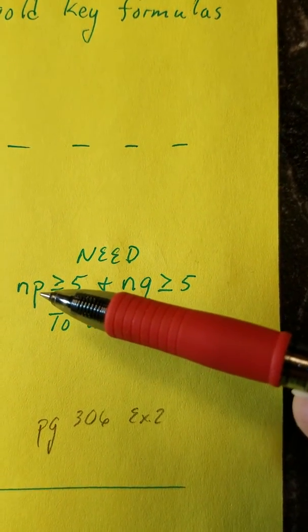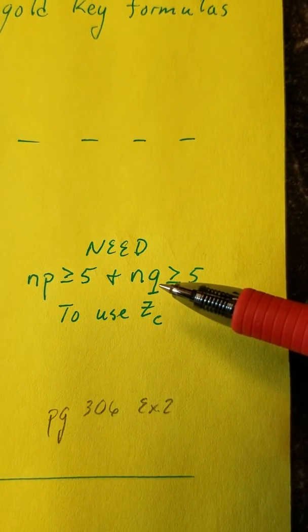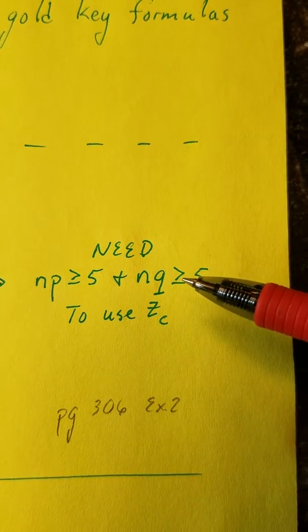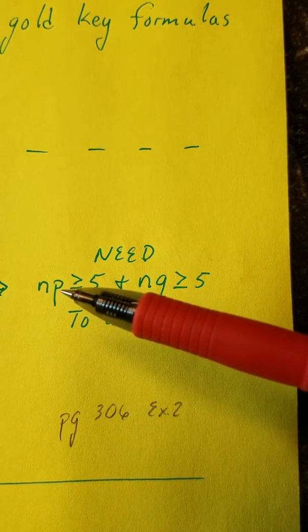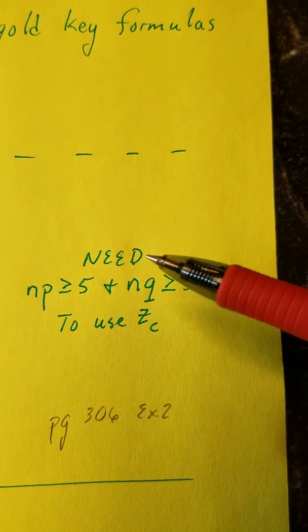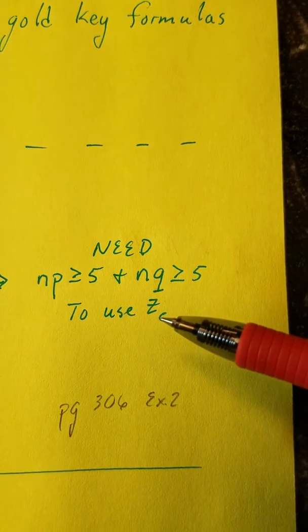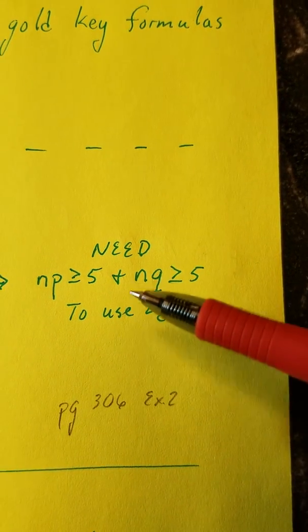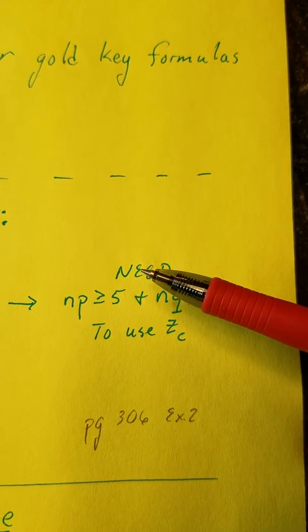N times the probability of success, is that greater than or equal to 5? And N times the probability of failure, is that greater than or equal to 5? So it's N times 0.6 and then N times 0.4. If both of those are 5 or greater, then you can use the Z-score. A lot of times they ask you that before you go on and work the problem all the way through.